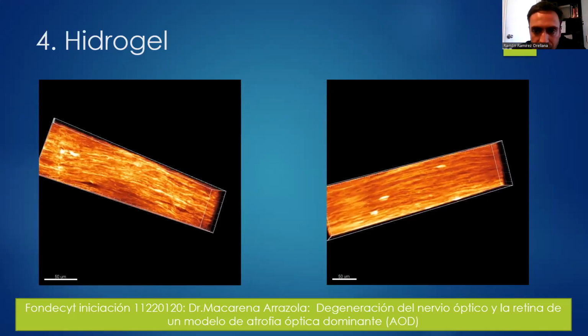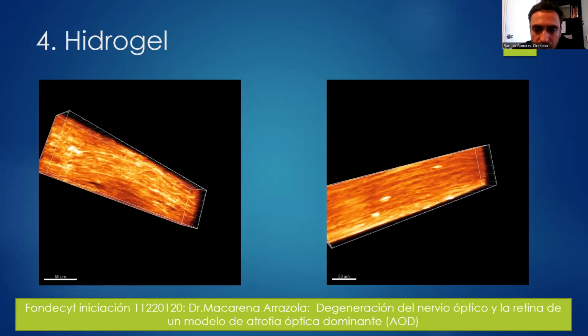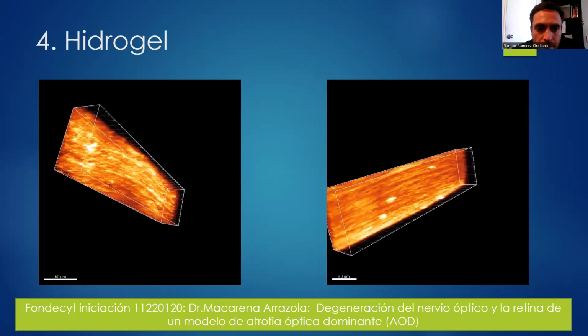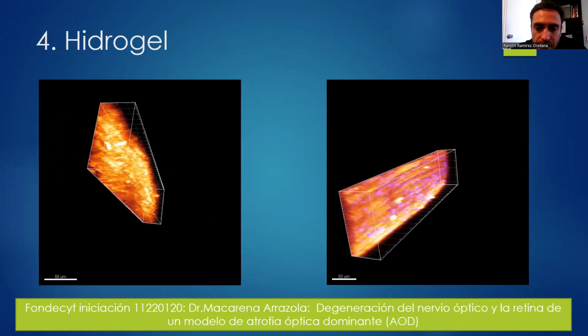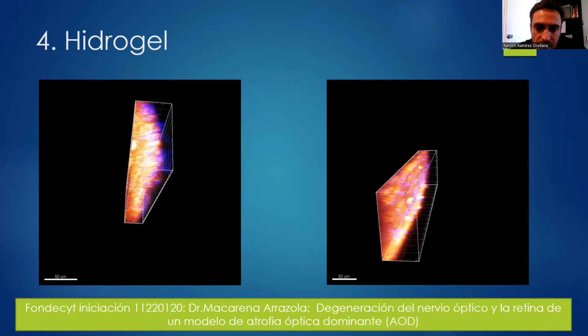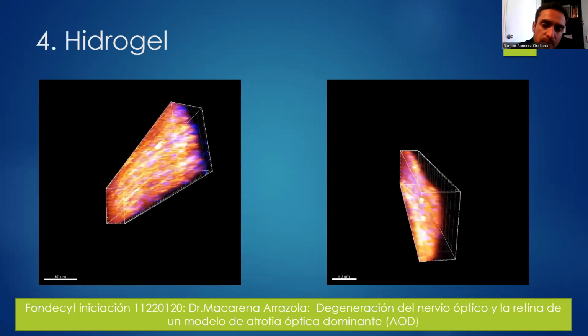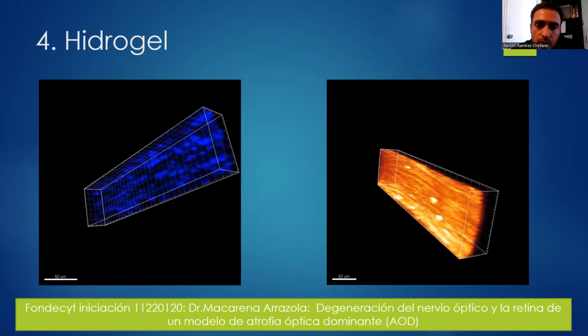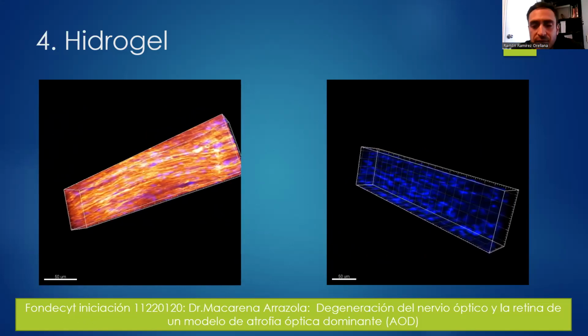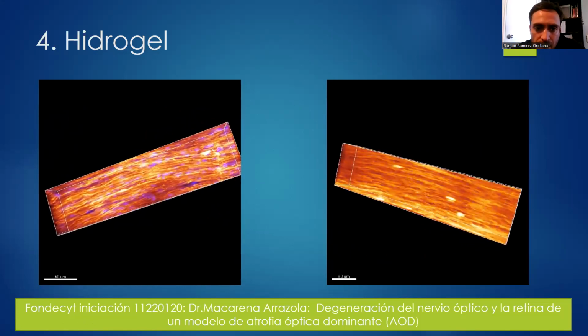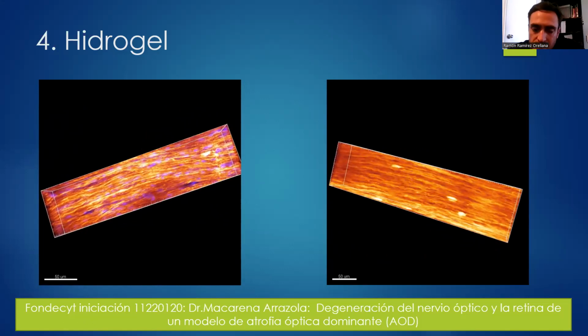Alguna fotografía de nervio óptico que hemos tomado, esto es en confocal. Ahora utilizamos un protocolo para que logre penetrar bien el anticuerpo, utilizando enzimas para poder ayudar a que el anticuerpo se incorpore mejor.